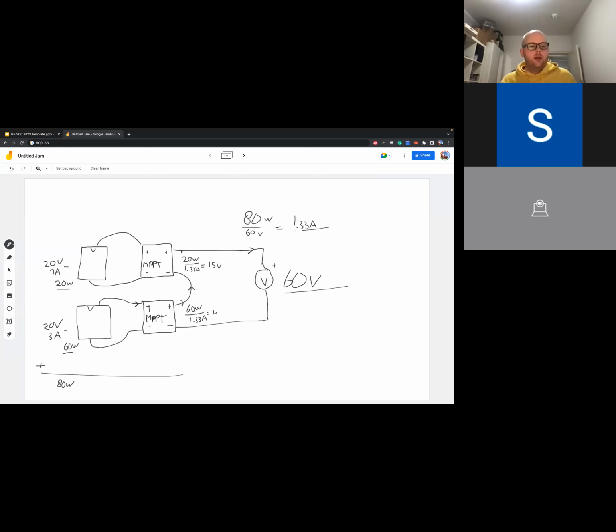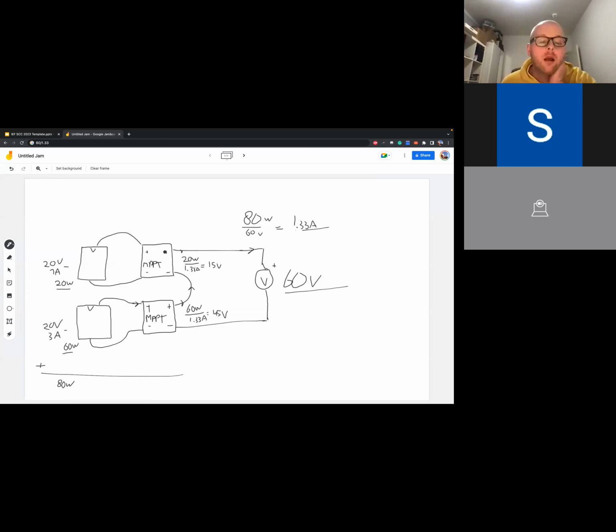So this is ideally what would happen if you put MPPTs in series and one of the arrays is shaded: it would just change the output voltage. The output voltage ratio basically becomes the same as the input power ratio.